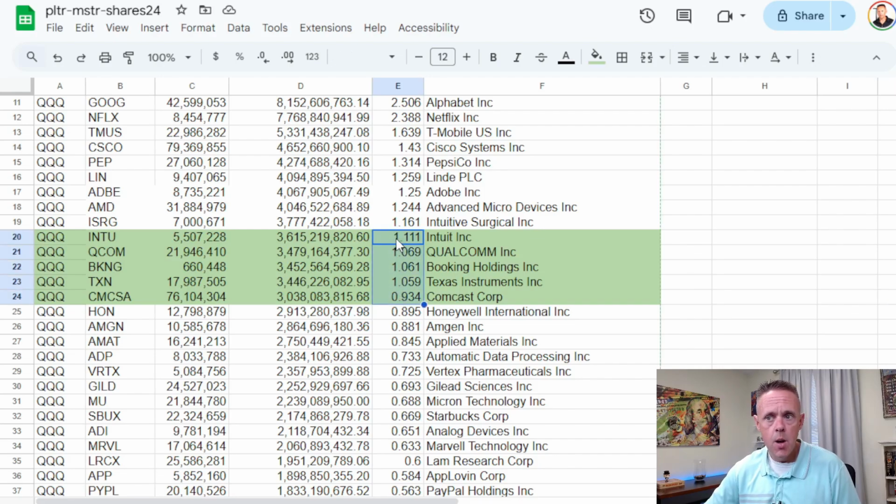Weightings as in percentage of the portfolio. And 4 out of the 5 are right there at 1%. Comcast a little bit under. So I would say, based on this information, it's fair to assume that Palantir, with its market cap that is very similar to these green companies, is going to inherit about 1% of the QQQ index.